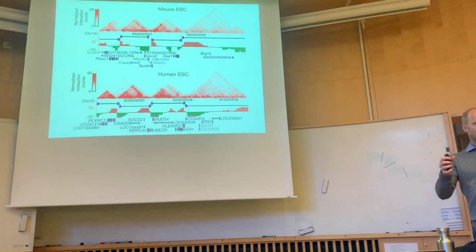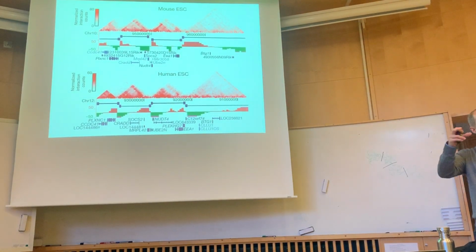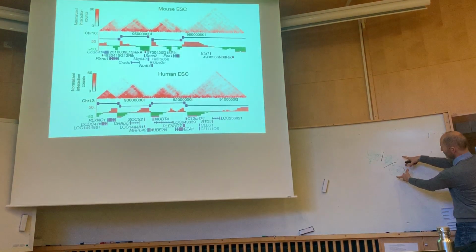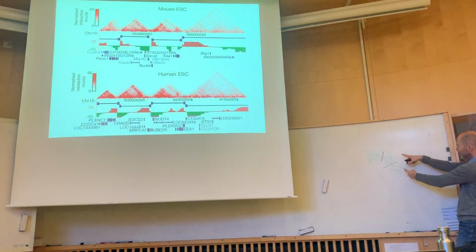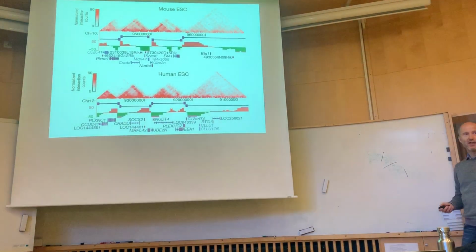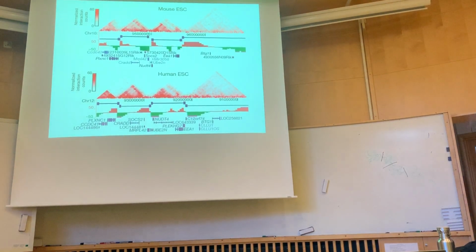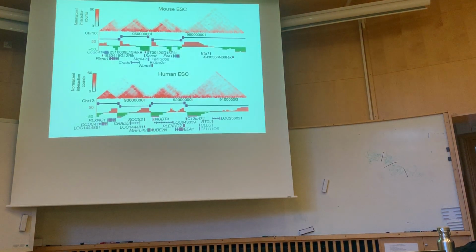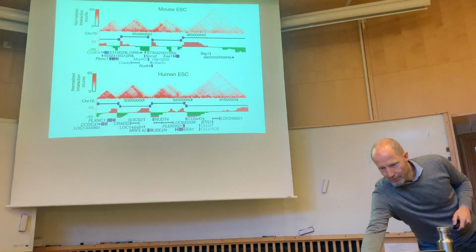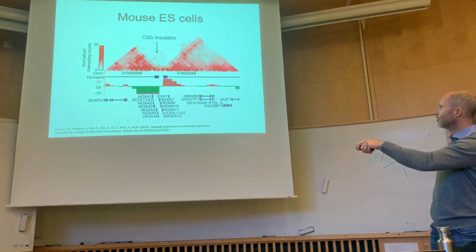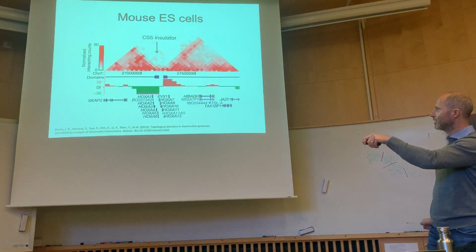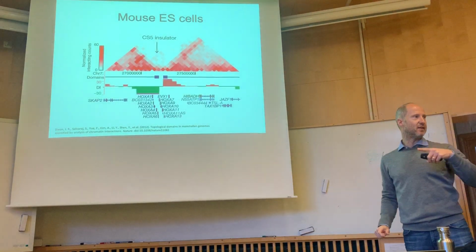It's a bit like a ring which is kind of holding this together so that you don't have interactions between these structures. And now I should have said this before, these structures are called topologically associated domains, TADs.